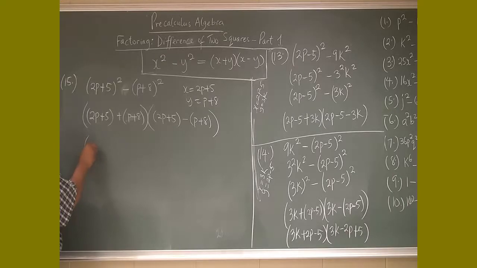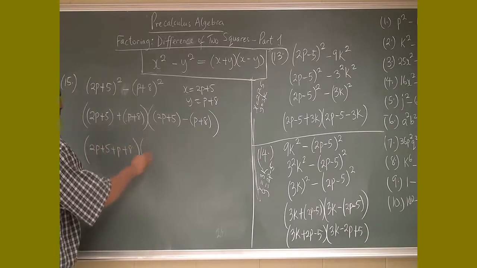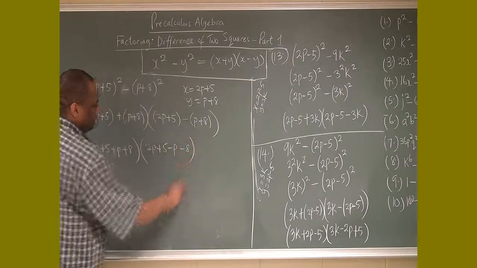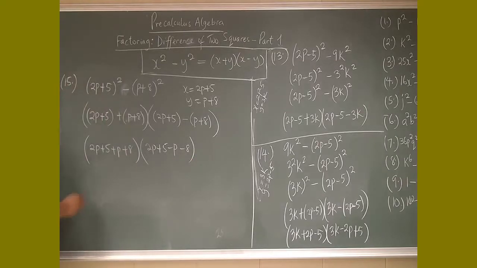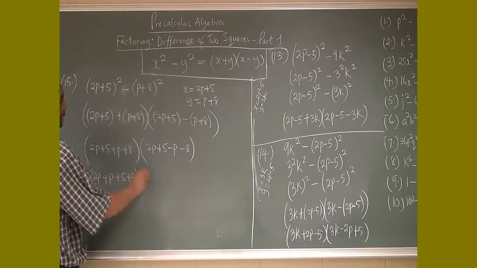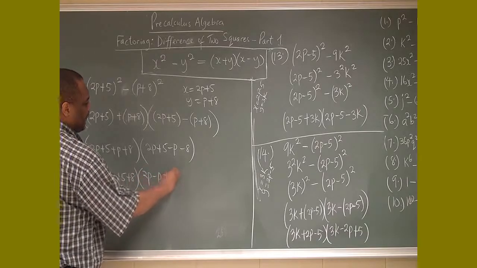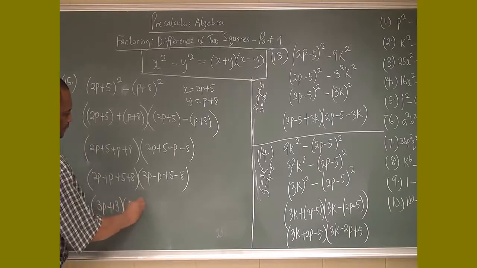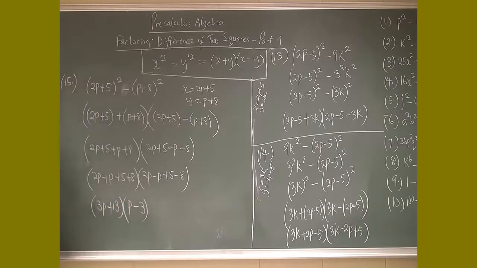So this will now be 2p plus 5 plus p plus 8 times 2p plus 5 minus p minus 8. And this will now be 2p plus p plus 5 plus 8 times 2p minus p plus 5 minus 8. So that will be 3p plus 13 times p minus 3. That is it.